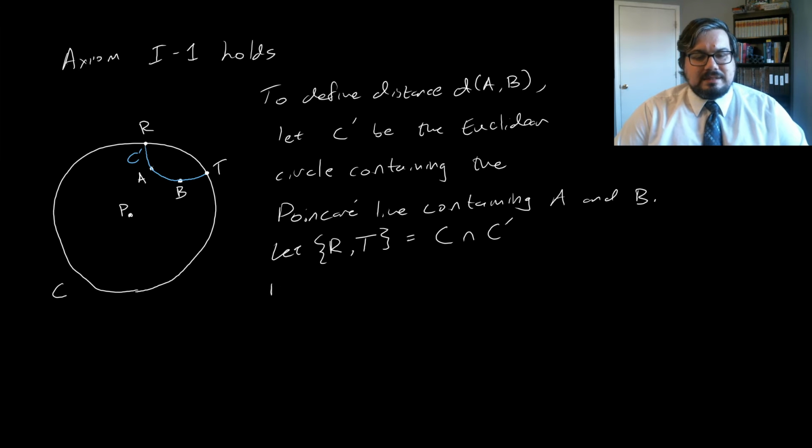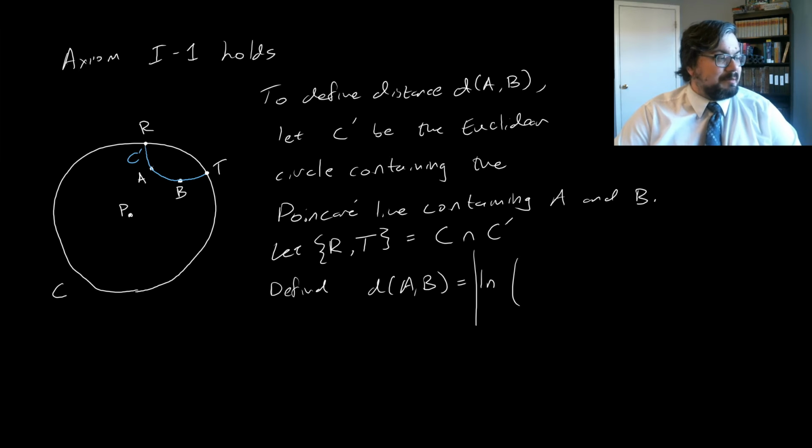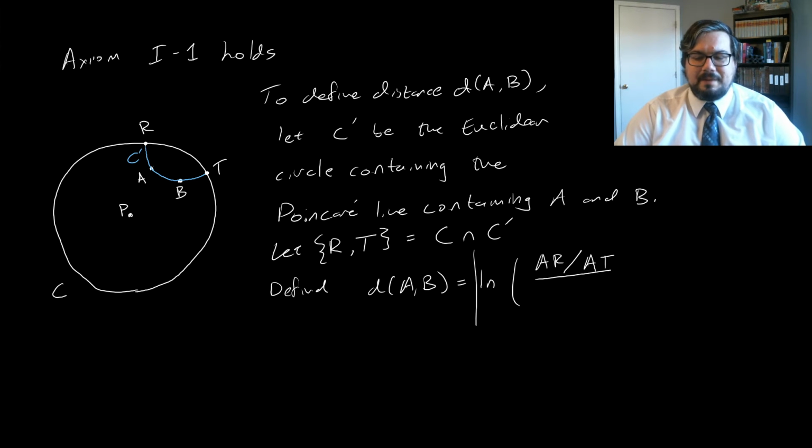Now let's define the distance from A to B to be the following number. It's going to be the absolute value of the natural logarithm of the distance from A to R divided by the distance from A to T, divided by the distance from B to R divided by the distance from B to T.